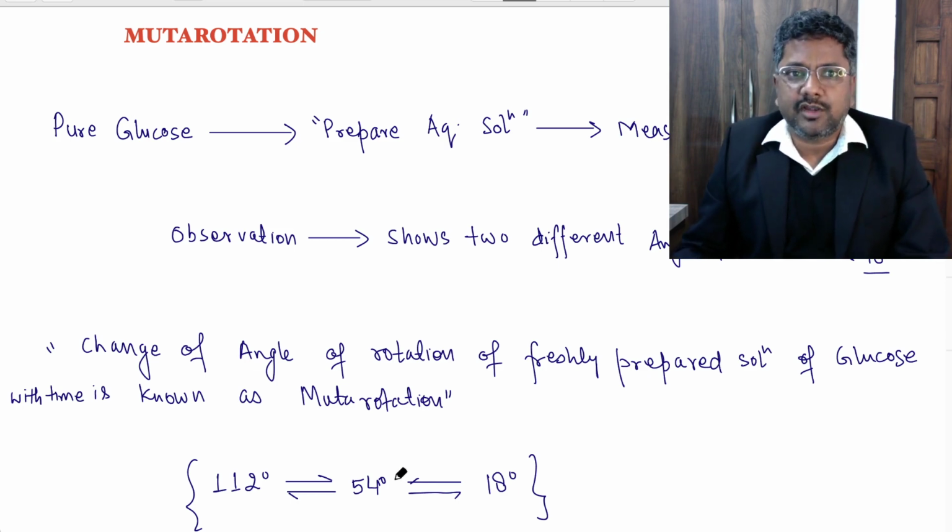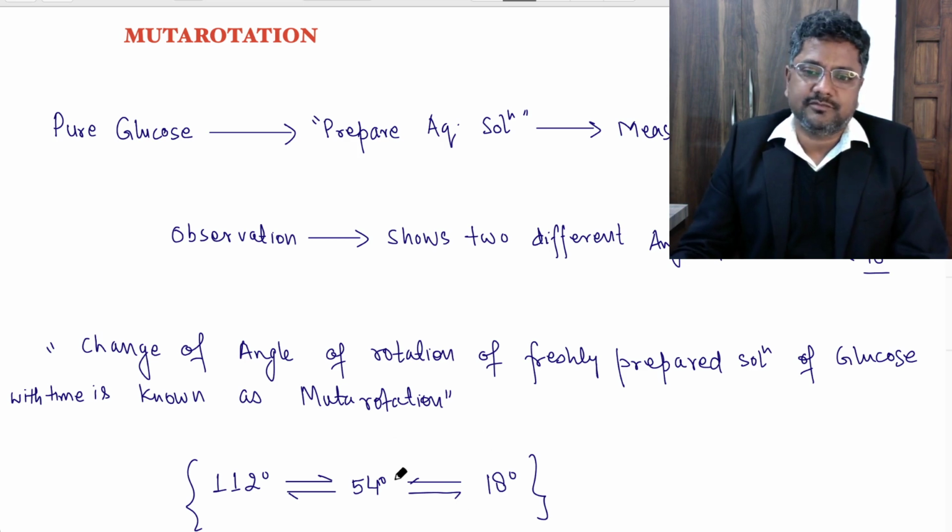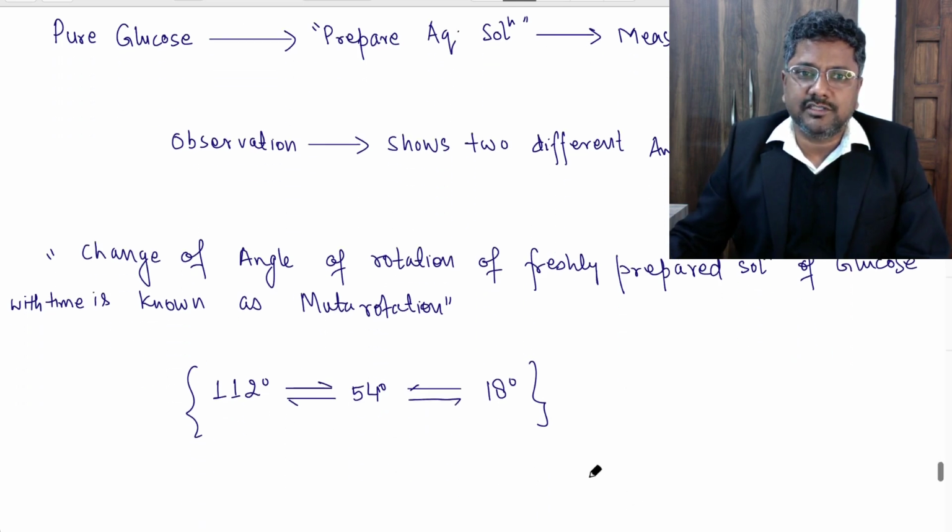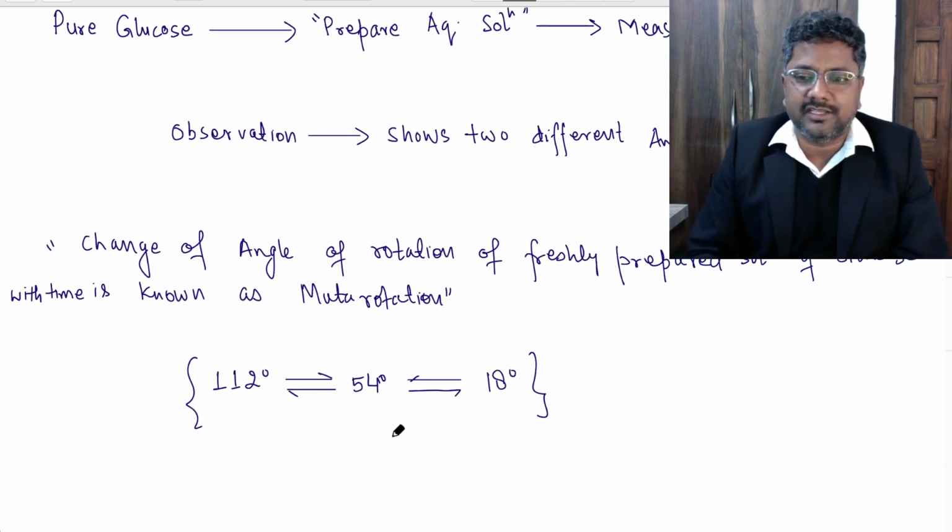So this property of carbohydrates, or of this glucose, cannot be explained by the open chain structure. You know what the inference is that we can draw from this?